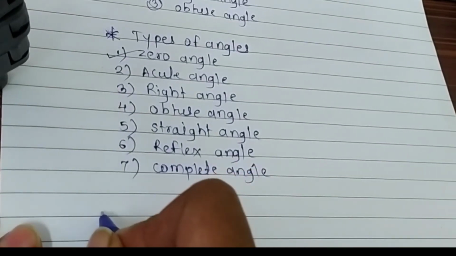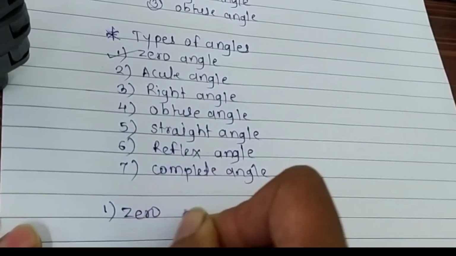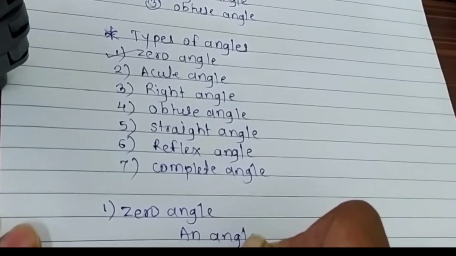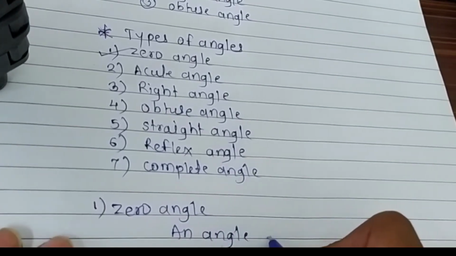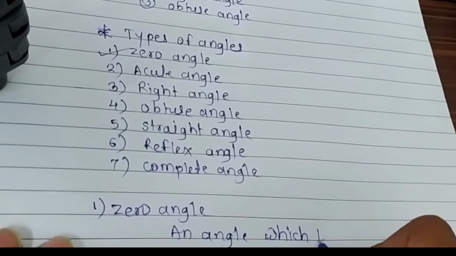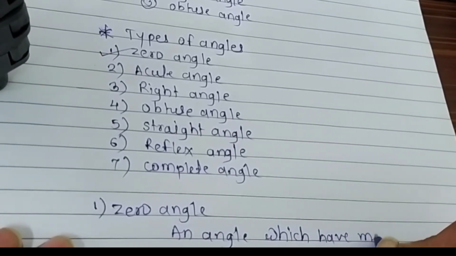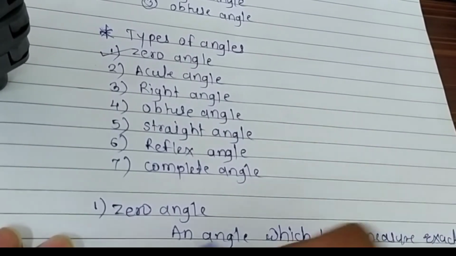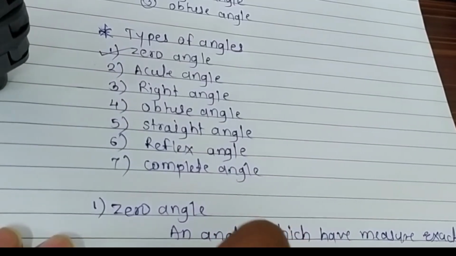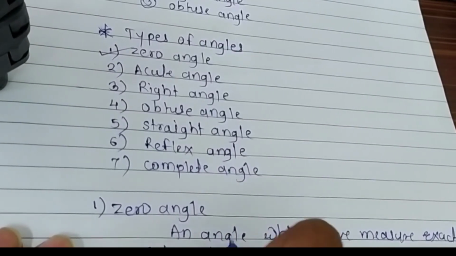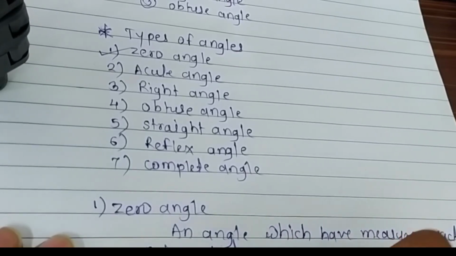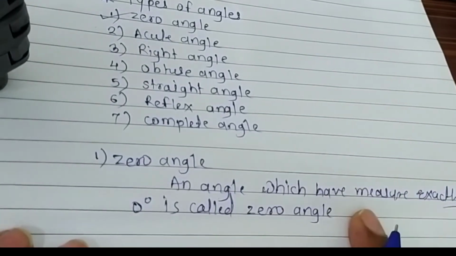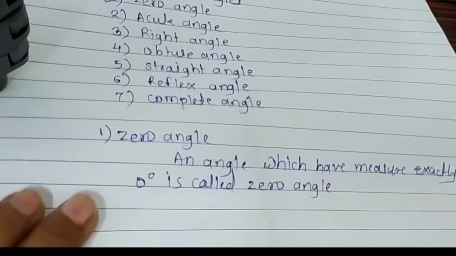The definition of zero angle is: an angle which has a measure of exactly 0 degree is called a zero angle.